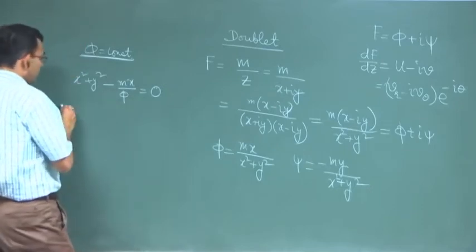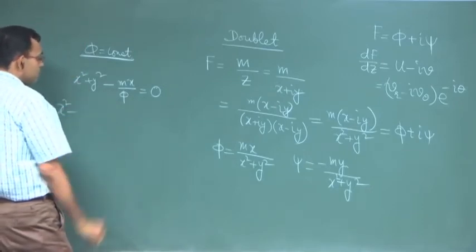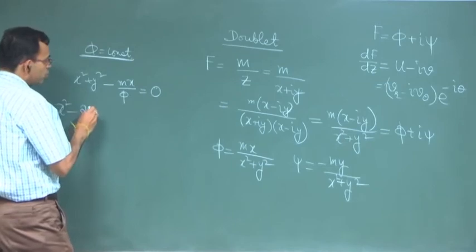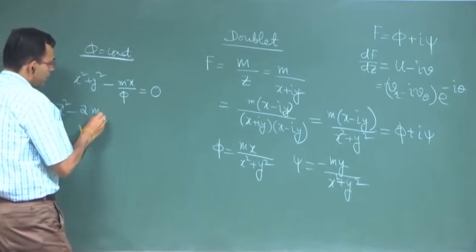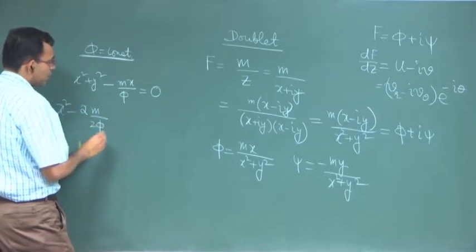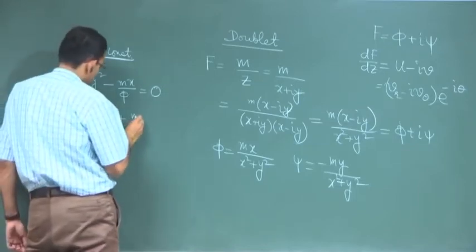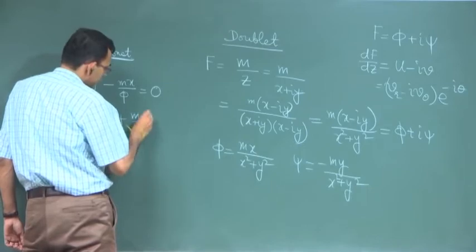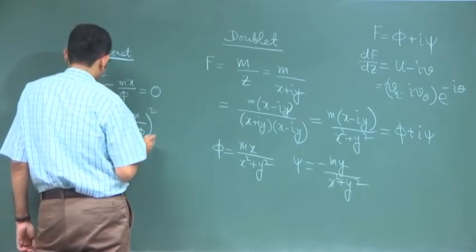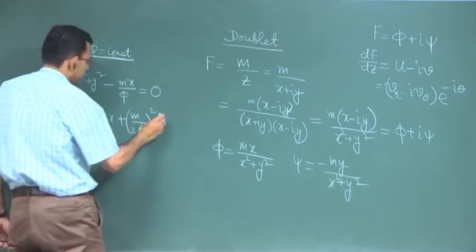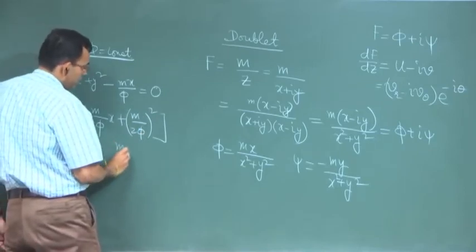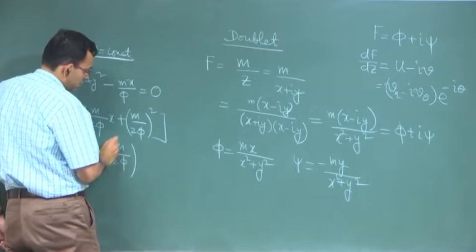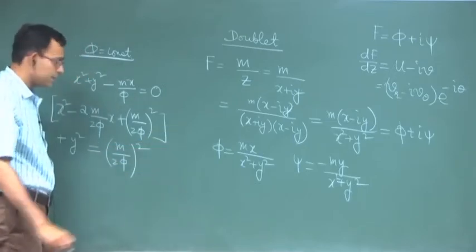So, you have x square minus 2 into m by 2 phi x plus (m by 2 phi) square plus y square is equal to (m by 2 phi) square, right.